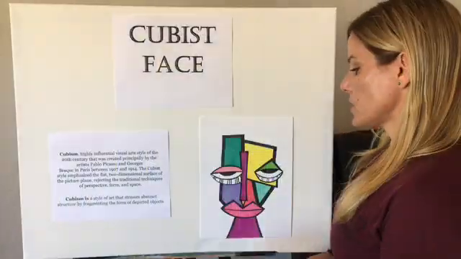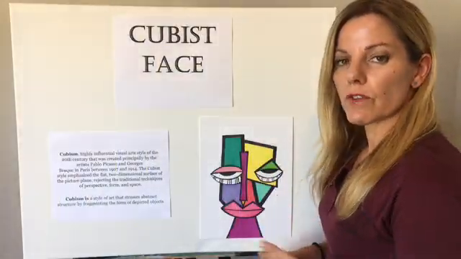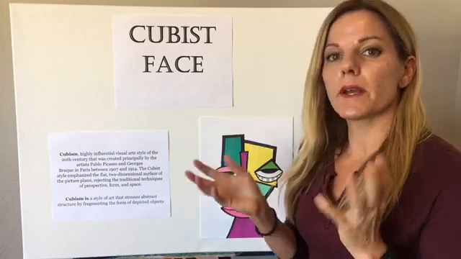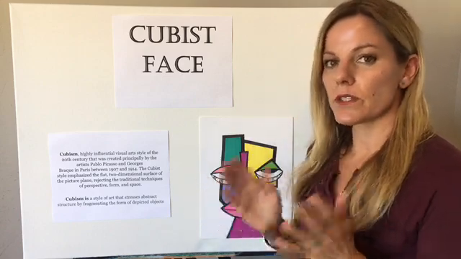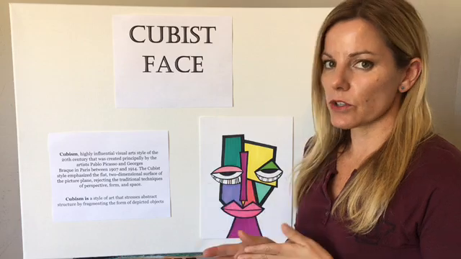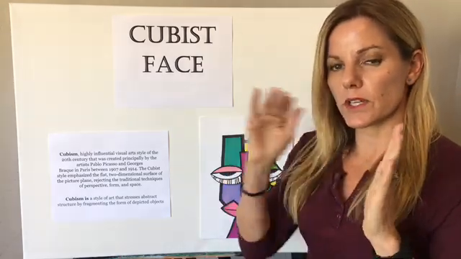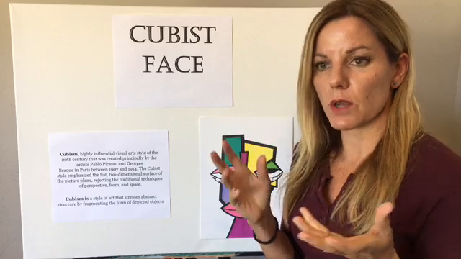So what's happening is, instead of just having your regular face that we've talked about has form and shading, and the form makes it look three-dimensional, this is all just very flat, very two-dimensional, and you take a face and they broke it down into fragments which turned into shapes.